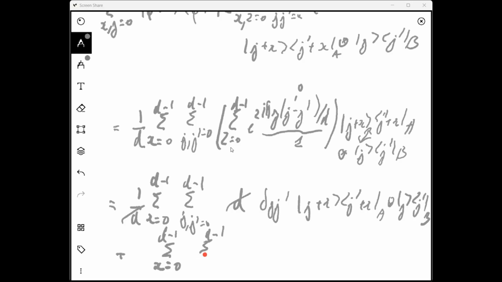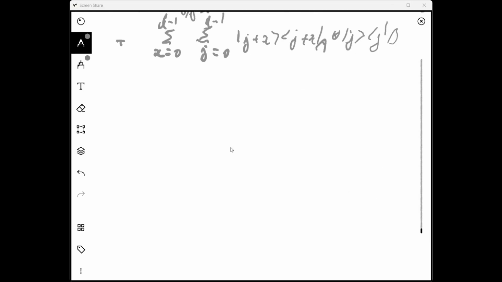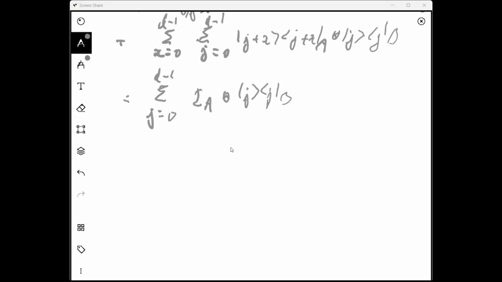We can say we have only g stuff, because we replaced g by g prime, and so we have just this, which is equal to the sum of g equals 0 to d minus 1 of identity, g g b, and we reuse the same trick here.